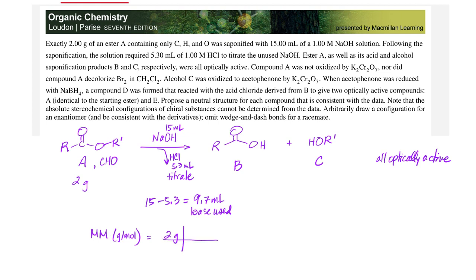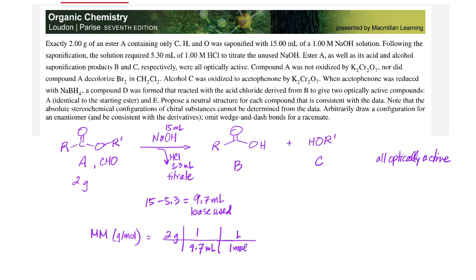So we take 2 grams, and then we want to get rid of milliliters because in the moles per liter category, we want moles on the bottom. So I'm going to put 1 over the 9.7 milliliters of base used because it's a 1-to-1 ratio. So I can use straight up 9.7 milliliters and then multiply that by the moles per liter.